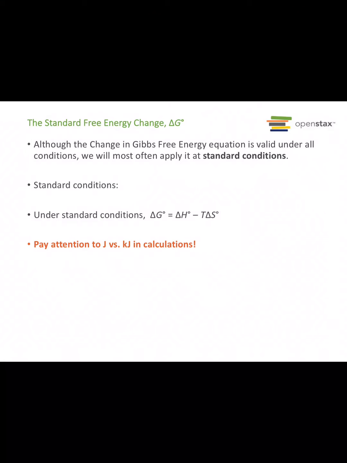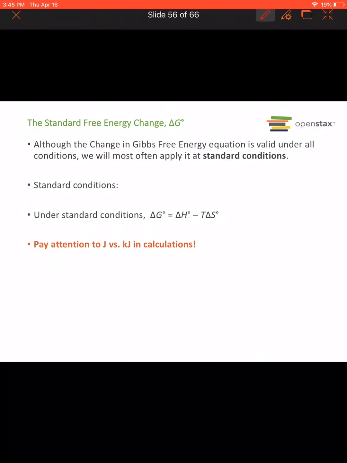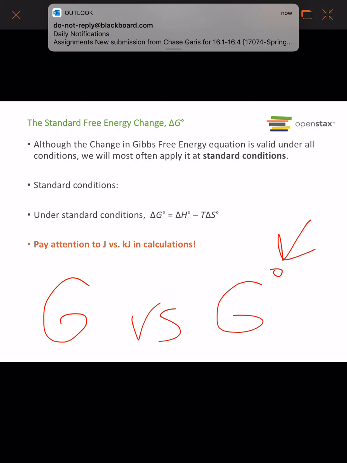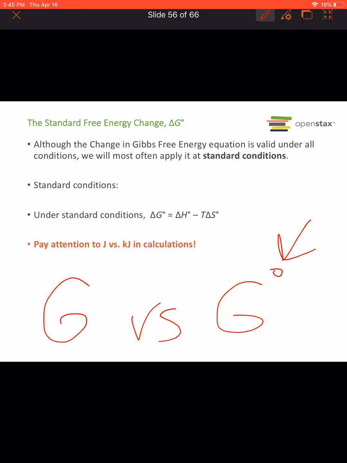So now we're going to talk a little bit about delta G naught. And I talked about this in the last video. The little naught here, that little degree symbol, basically just means you're under standard conditions. So the only difference between G and G naught is that symbol represents standard conditions. So standard conditions means that you have standard temperature, pressure, right? 298 Kelvin, 1 atmosphere.